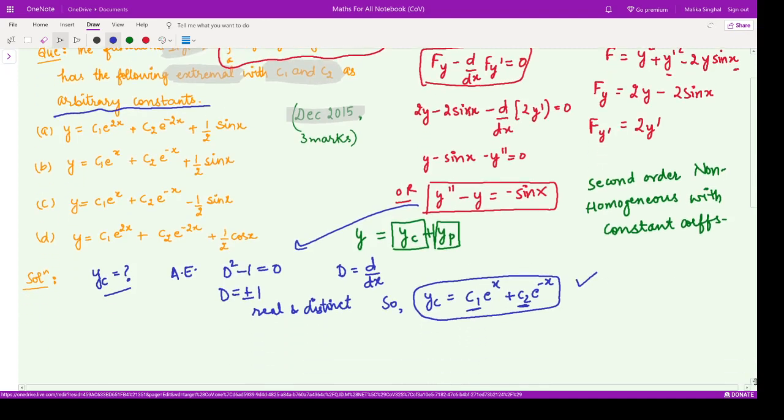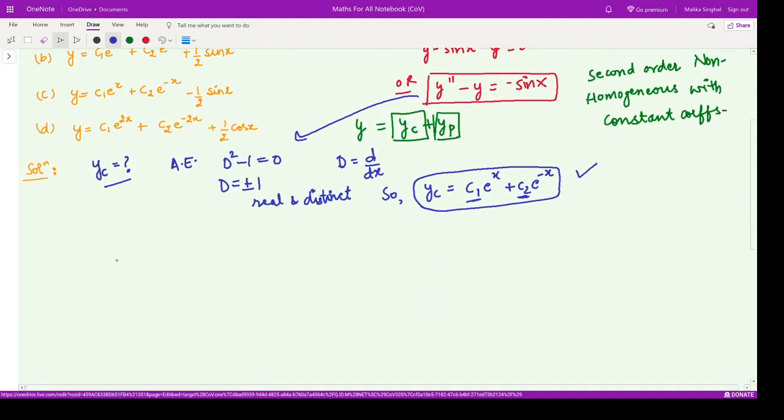So this is our yc. Next, let us calculate yp. There are several methods to calculate the particular solution, like the method of undetermined coefficients or the variation of parameters. In this case, I am using the direct method. The direct method is, I just write the operator form of this equation here and the right hand side of the given equation.